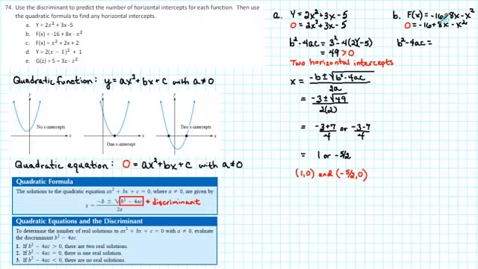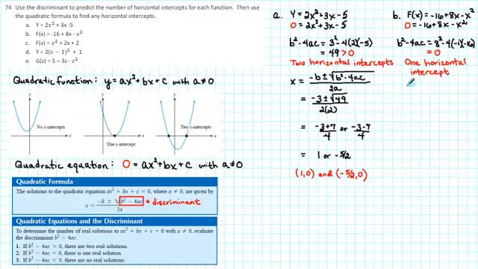We'll substitute 8 for b, negative 1 for a, and negative 16 for c. We find that the discriminant is equal to 0. That indicates that the equation has one real solution, and that will correspond to the one horizontal intercept of the graph of the function.